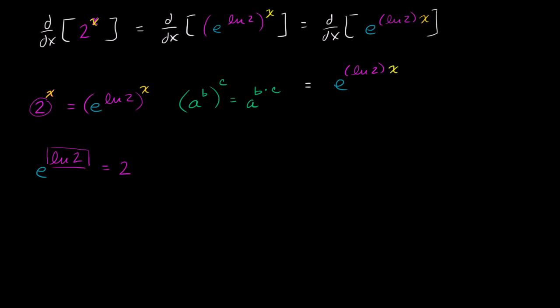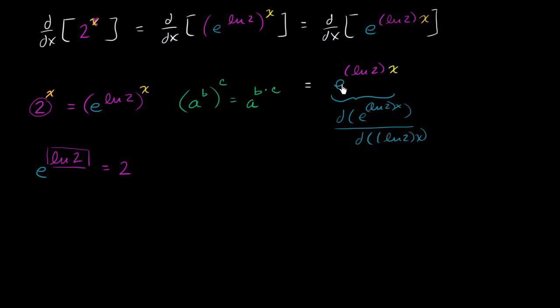So let me make it clear what I just did here. This right over here is the derivative of e to the natural log of 2 times x with respect to the natural log of 2 times x.